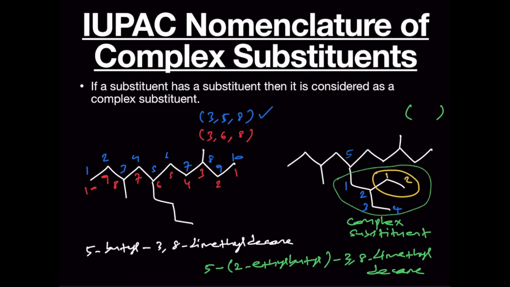So, 5 hyphen in parenthesis 2-ethylbutyl, because the butyl chain has an ethyl group at 2 position. Okay. So, this 2 basically refers to this one. So, in parenthesis 2-ethylbutyl and then 3,8-dimethyldecane. That is the correct IUPAC name for this molecule.